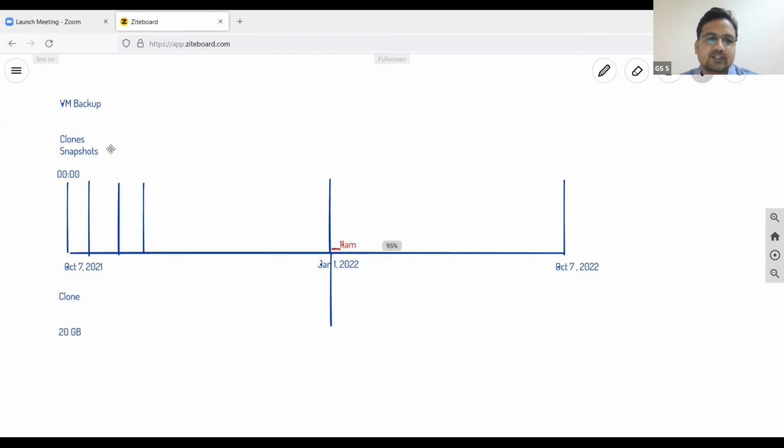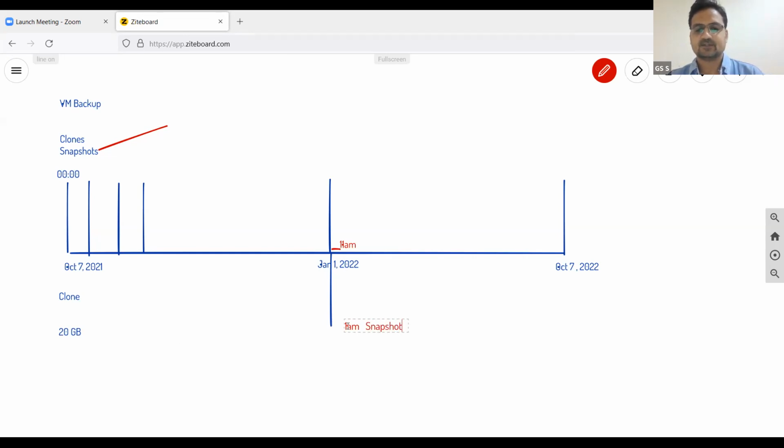We can go to another very important thing, which is known as a snapshot. What is a snapshot? A snapshot is a very interesting thing. So on Jan 2022 at 1 a.m., instead of taking a clone, I take a snapshot.